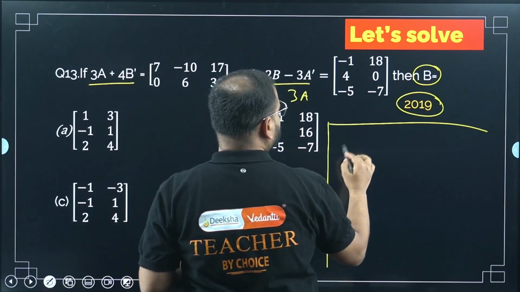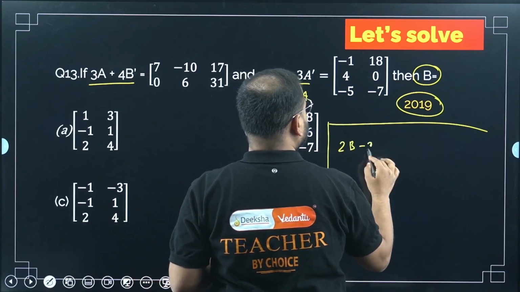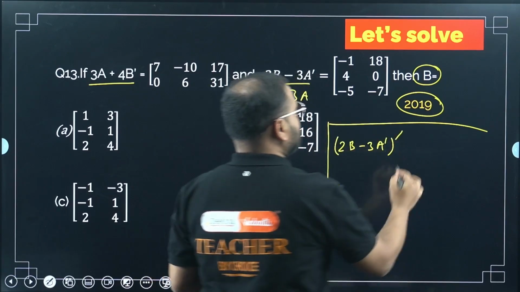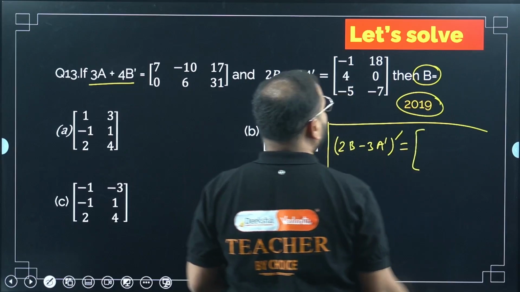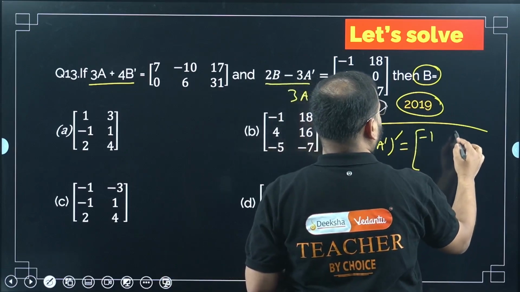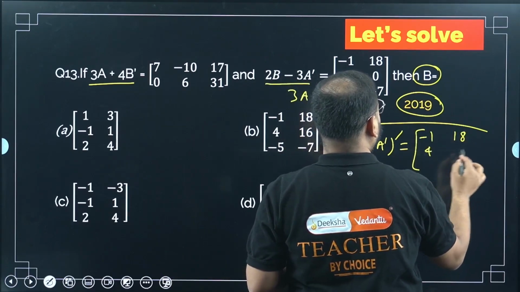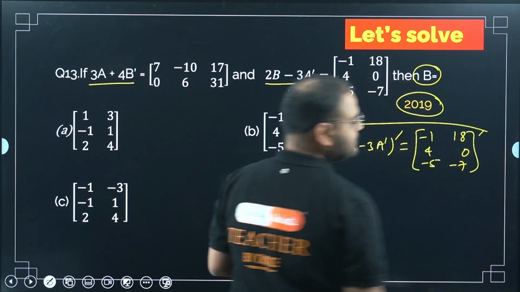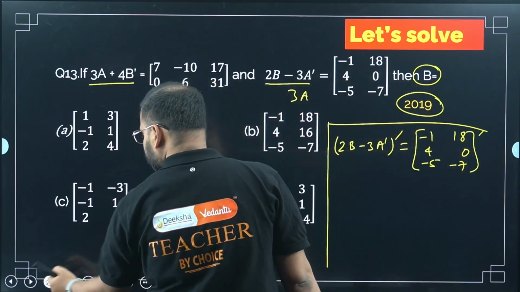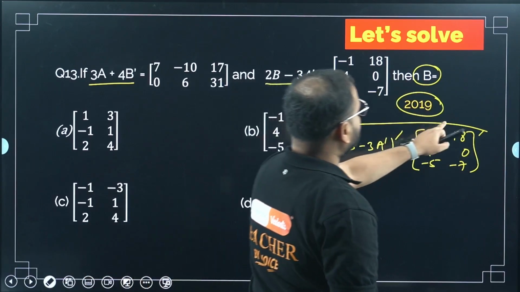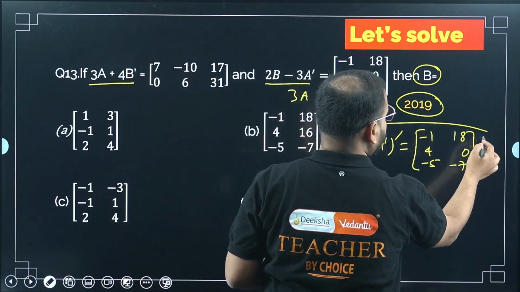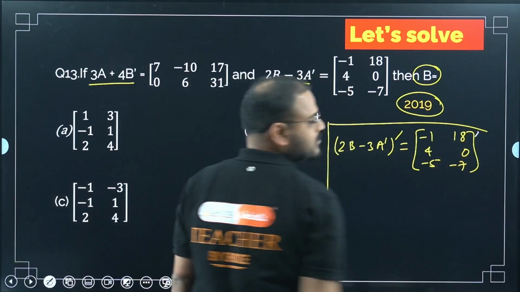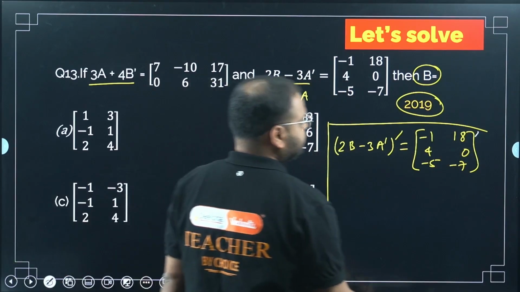I'll do it over here, just this part. I will have 2b minus 3a dash, the transpose. Same I will apply for this matrix also: minus 1, 18, 4, 0, minus 5, minus 7, the transpose. I'll rewrite it like this so it looks like a transpose.